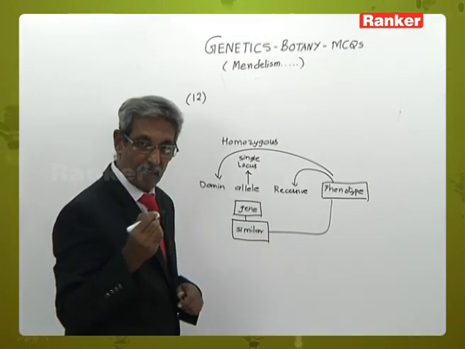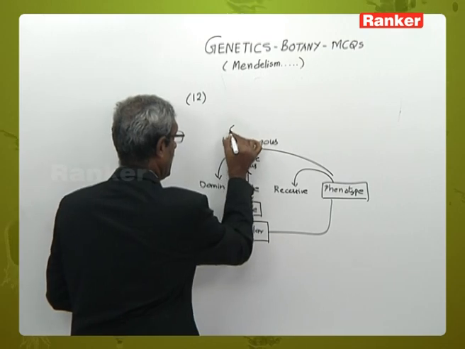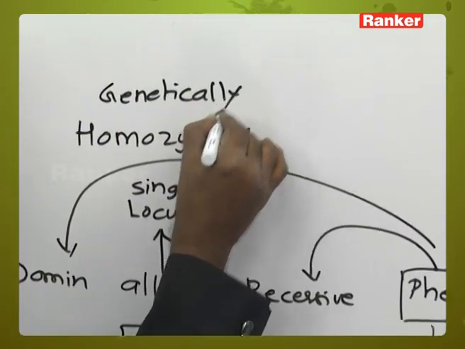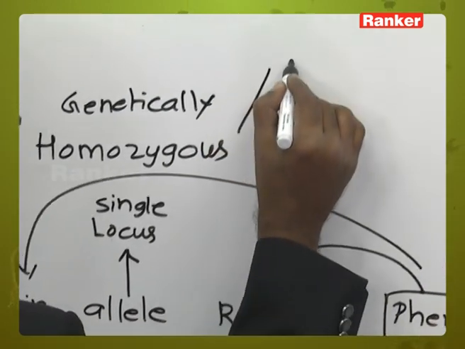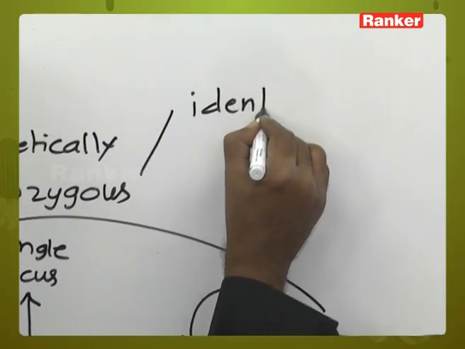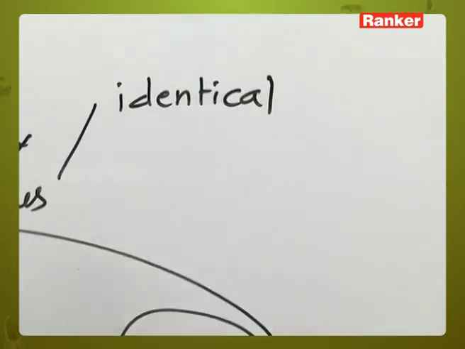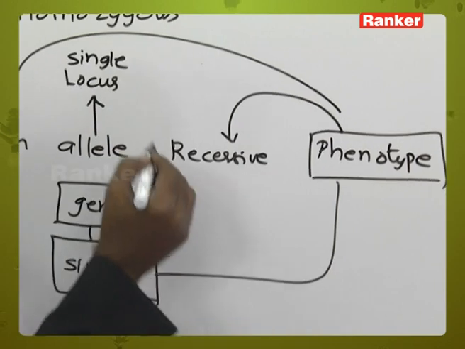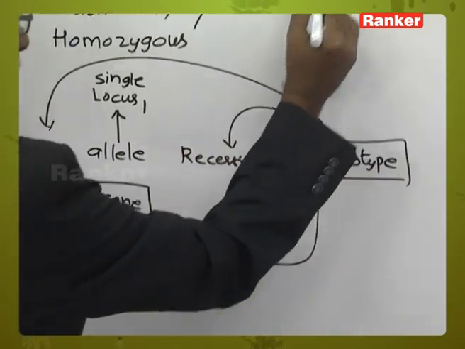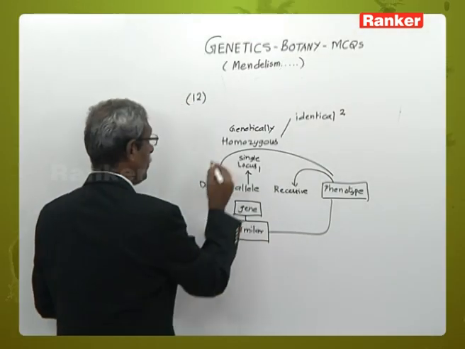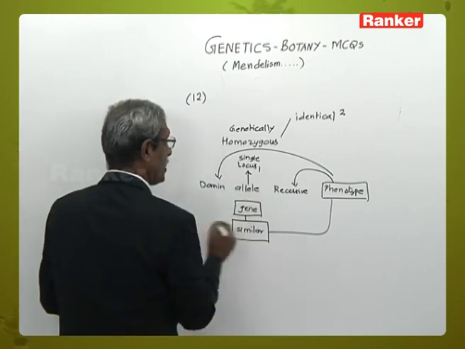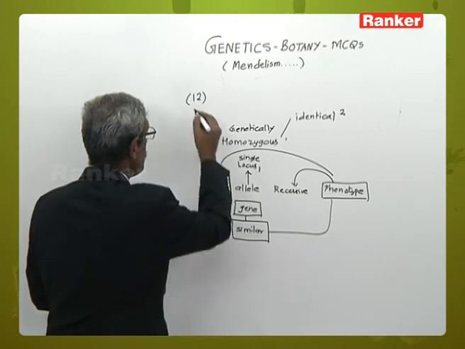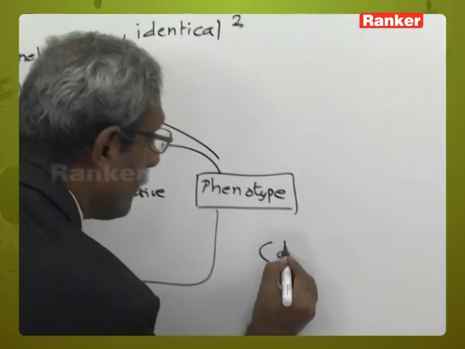The morphological expression of a trait genetically, which is identical and expressed on a single gene, a single locus, it is identical phenotype. It is predominantly termed as homozygous condition. We refer to this as homozygous condition. Hence, the answer for 12 is D.